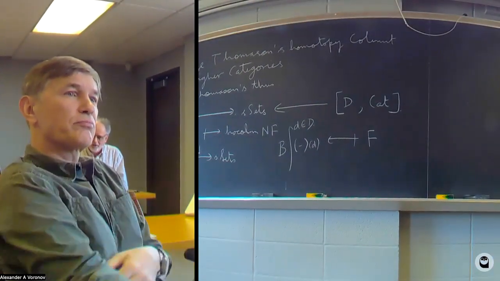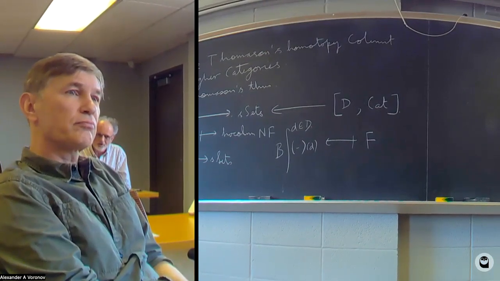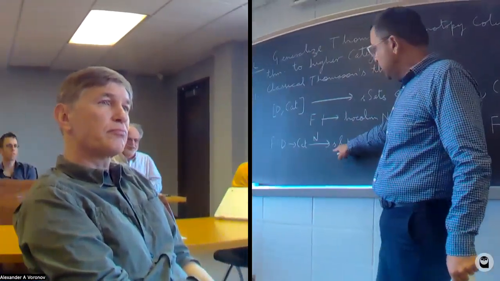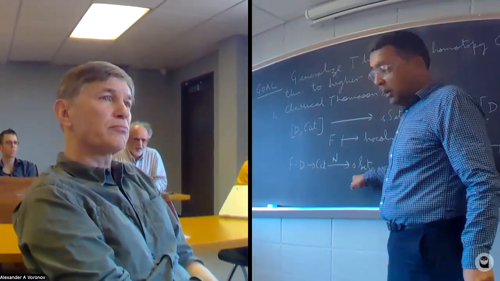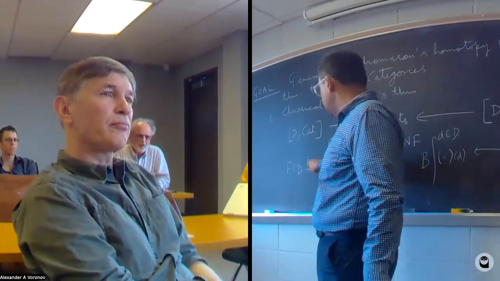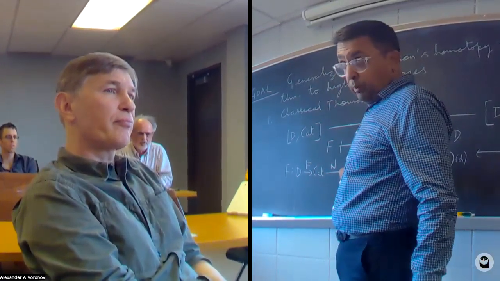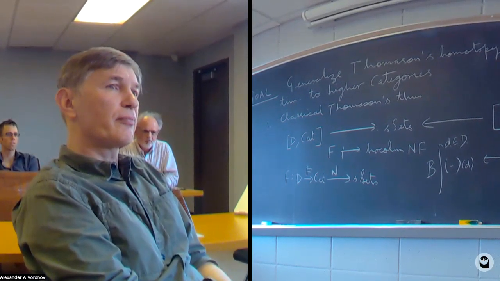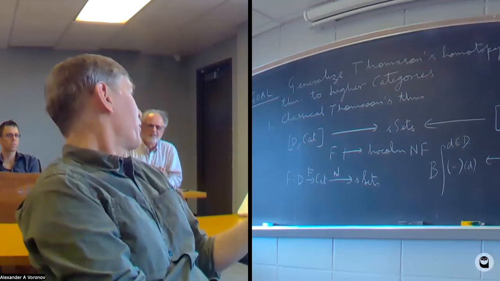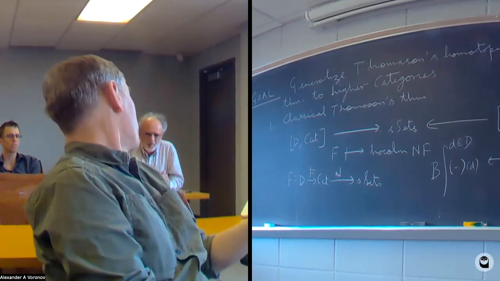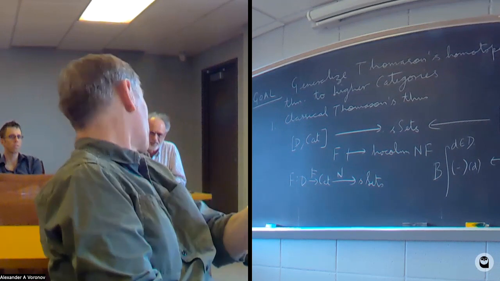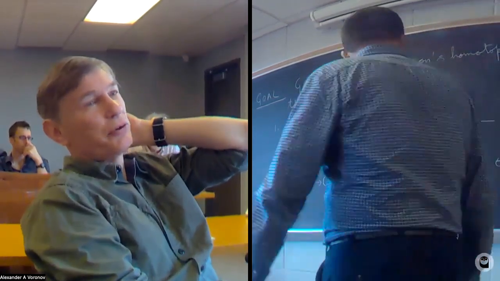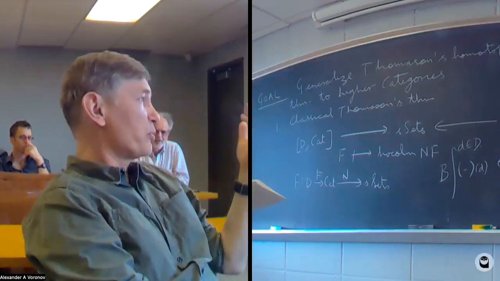I don't know what the nerve of a functor is. Well, that's taking the nerve of a functor F. That's what I was describing. This is just composition. You just compose it pointwise. So you get a functor to the category of simplicial sets from the diagram of simplicial sets, and then take its homotopy colimit. Yeah, because the nerve of a functor is just a composition of two functors.